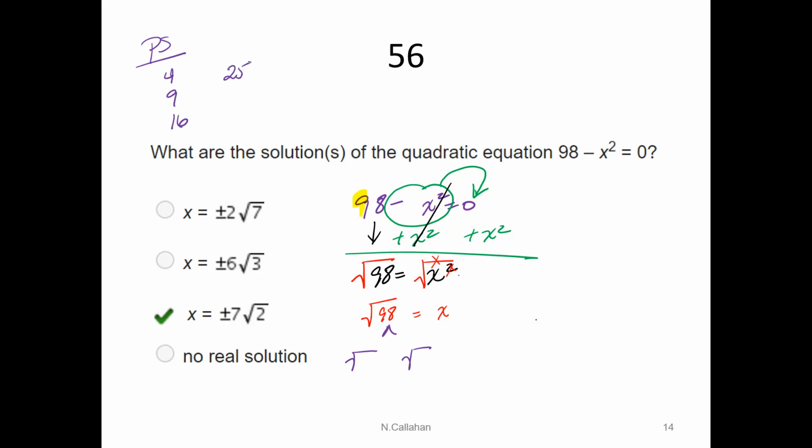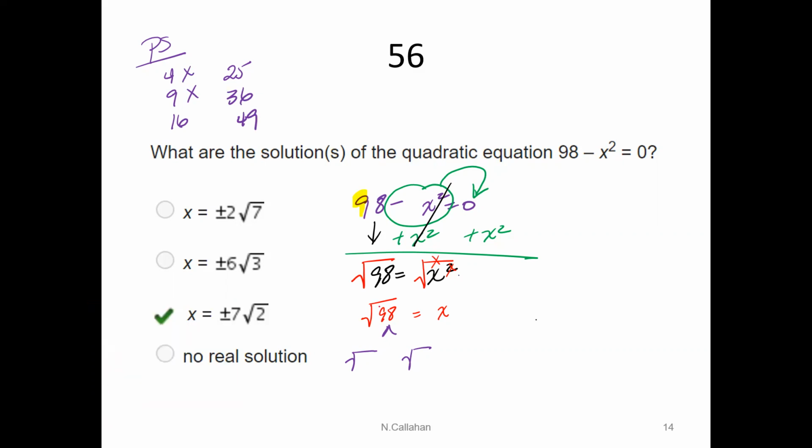Does any of those numbers go into 98? Well, 4 doesn't work, 9 doesn't work, because when I divide 4 or 9 into 98, it gives me a decimal.